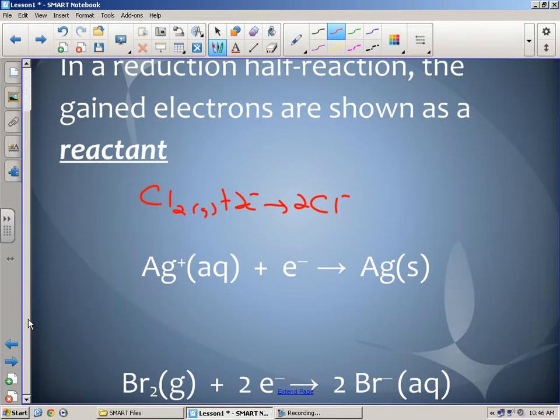Once again, that looks a little complicated, perhaps, but we'll talk about that in a little bit. That is the one that's being reduced. Look, it's going from a 0 charge to a 1 minus. It is going down in numbers, 0 to a 1 minus, so it is being reduced. And that is the reduction.